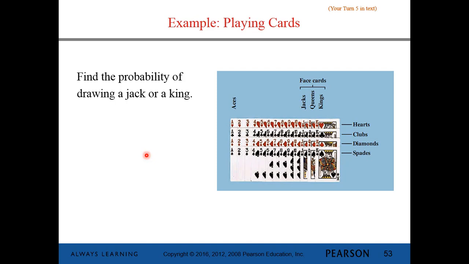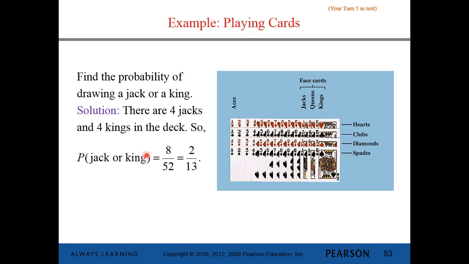The probability of getting a jack or a king would be 8 out of 52, or in other words, 2 out of 13. And then we could divide and give the decimal. So 2/13 would be the answer.